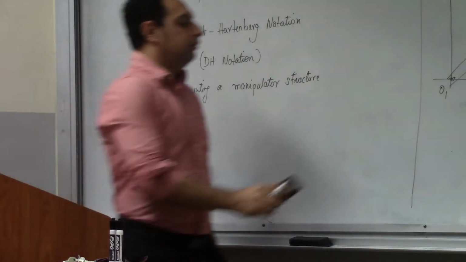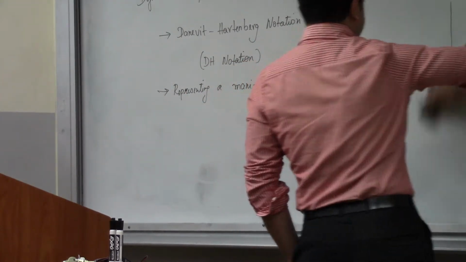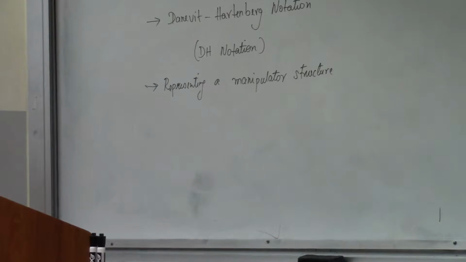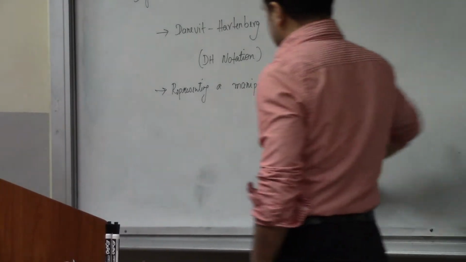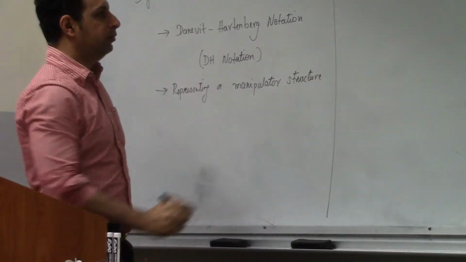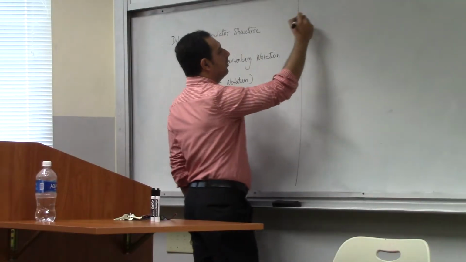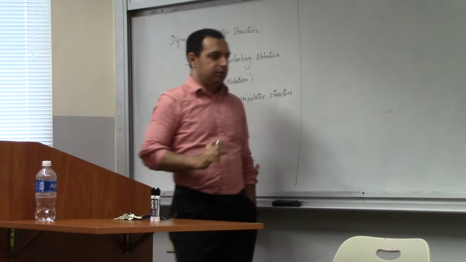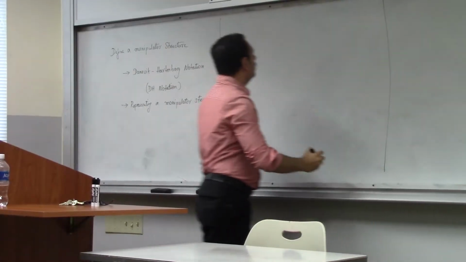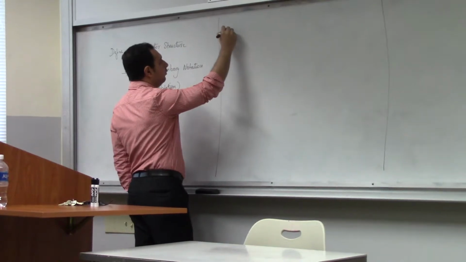Now, we need N number of parameters to define a manipulator. The way that this notation works is that every link can be defined by 4 independent parameters. So the minimum number of parameters that you need to define any manipulator link is 4.